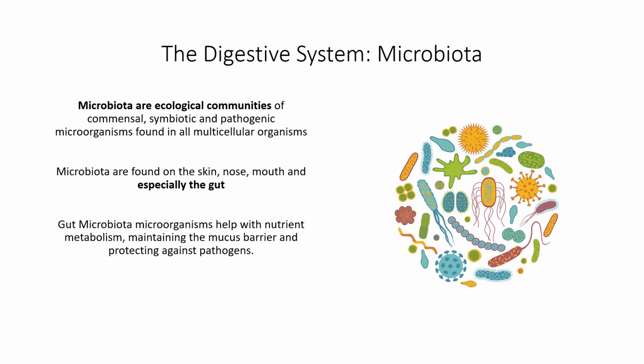So the majority of this is found in the gut. Now, each individual will have their own unique makeup of these microbiota, and they play a role in the digestion of nutrition, so the food that we eat and how we interact with it, the immune system and how we fight off pathogens and how we fight off viruses and other harmful bacteria.